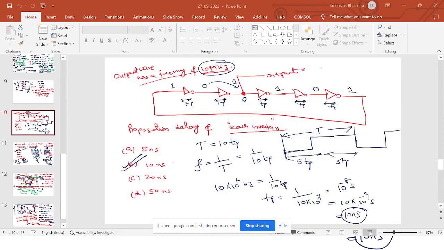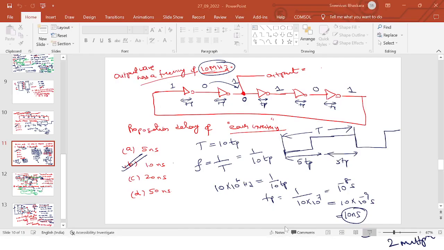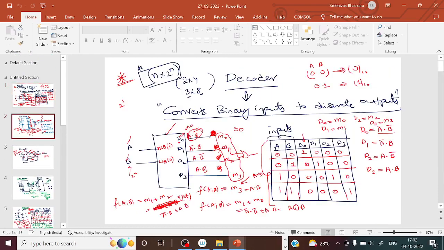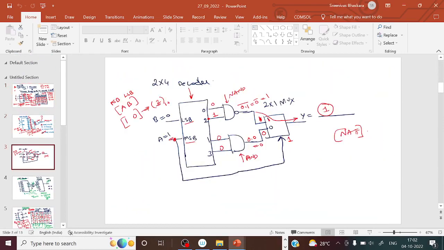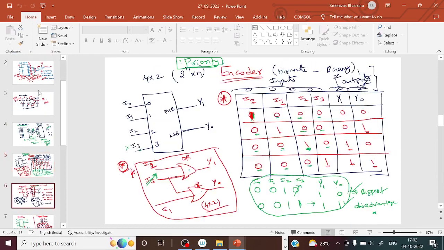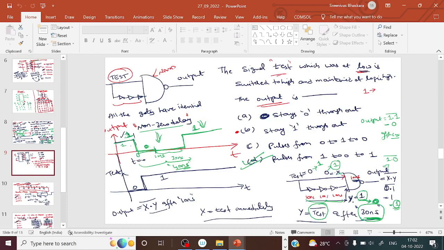Can you see it now? Which one? Okay, let me know which one. I'll just scroll through, okay? This one?